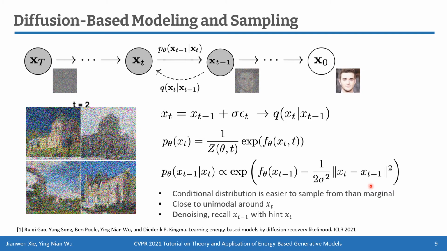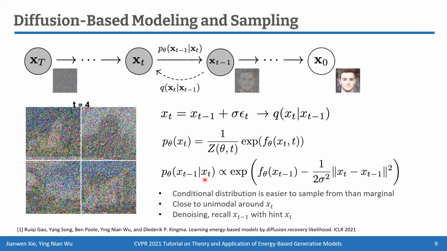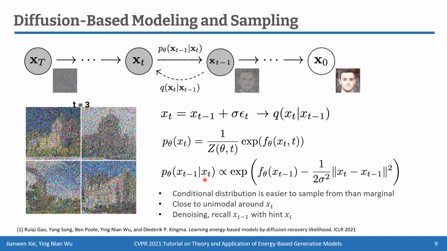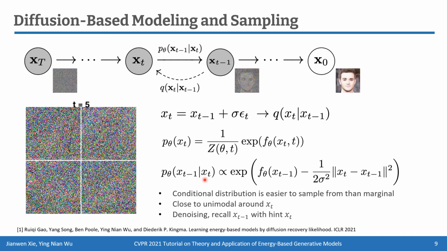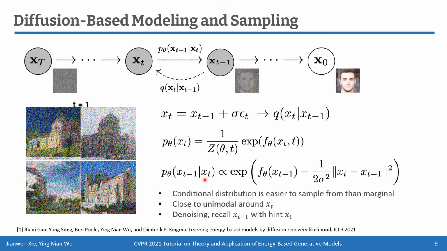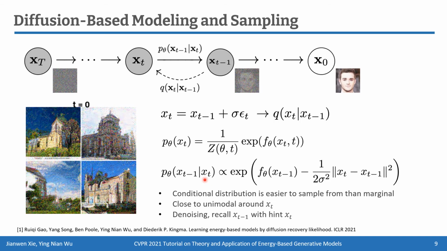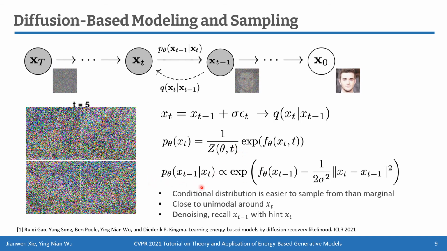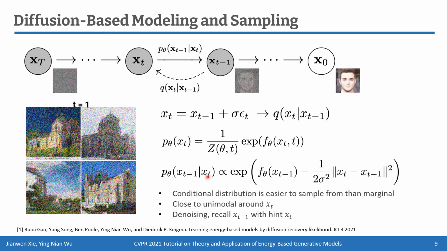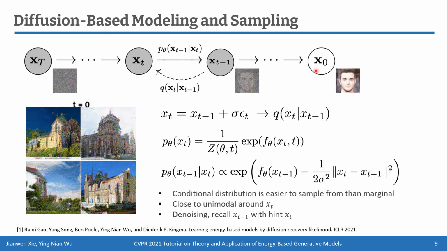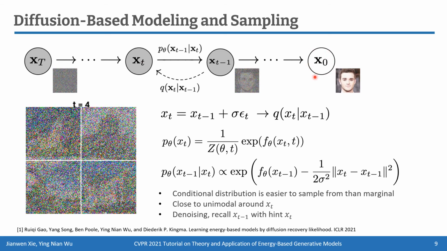And this is actually a matter of denoising, or you can think of this as recalling xt minus 1, where we give xt as a hint so that it is much easier to sample from than sampling from the marginal distribution. After sampling images from this conditional distribution, where xt is given as a noisy version of x0, you just add a certain amount of noise to the original clean image.